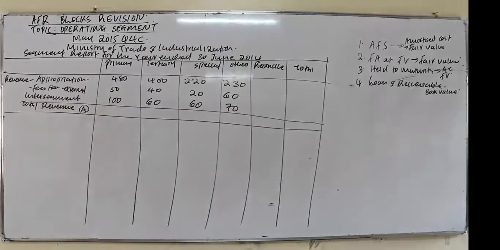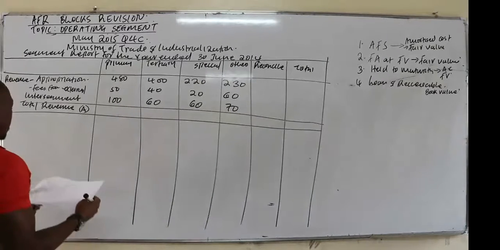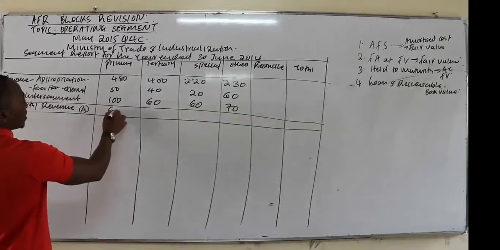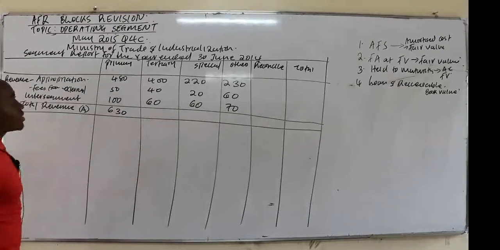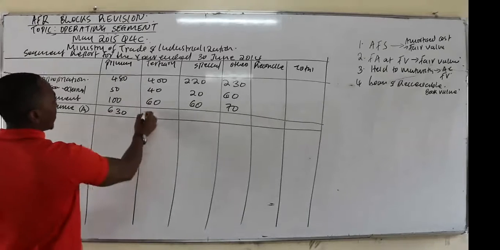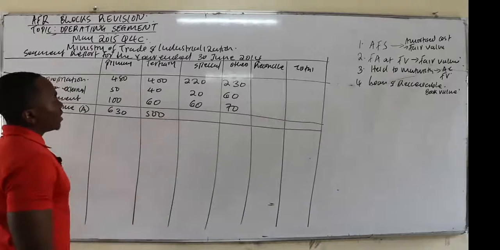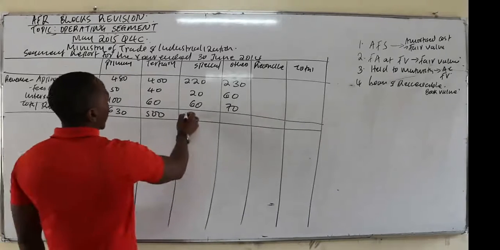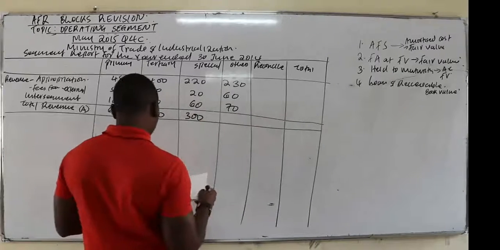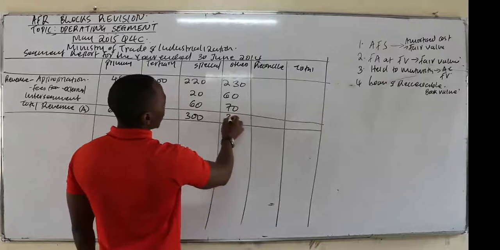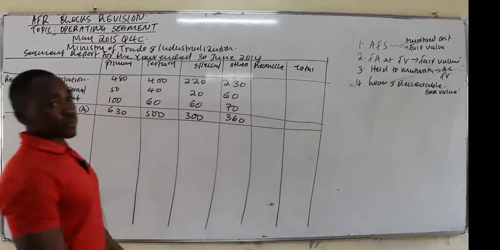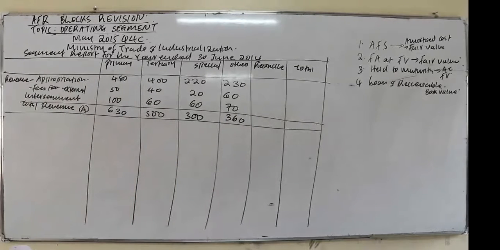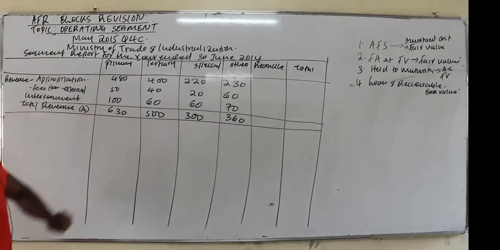So let's add the total. For 80 plus 150, that's 30. Also, here we add this total, that's 500. That is 300. Here we have, that's 360. Then let's add the total appropriations, revenue from appropriations.